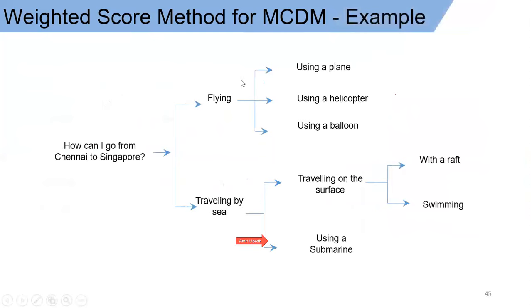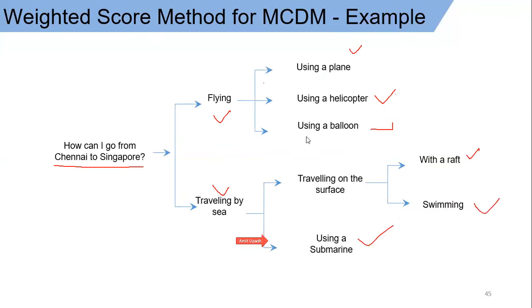Let's do an MCDM. Suppose I want to go from the city of Chennai to the city of Singapore, right? Now, what are some of the ways that I could go from Chennai to Singapore? I could fly, I could go by sea, right? I could fly by helicopter, balloon, or aeroplane, or I could go with a raft or swimming while going by sea, or I could even have a submarine.